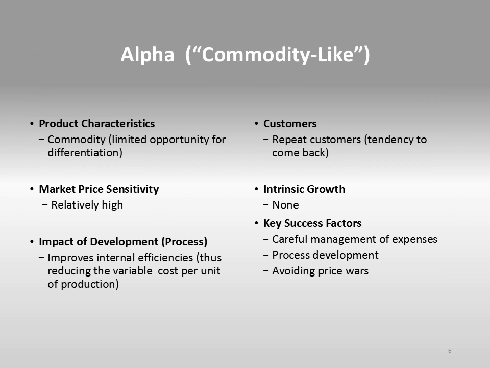It's quite price sensitive to changes in price in the market. And as you can see, the impact of development is that it helps you to reduce your unit variable cost, helps you to become more efficient in your production. Many of the customers are repeat customers. Unfortunately, there is 0 intrinsic growth, and so it's a very tough product to manage.